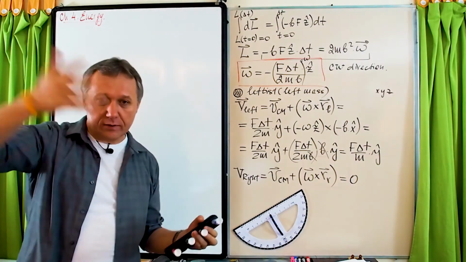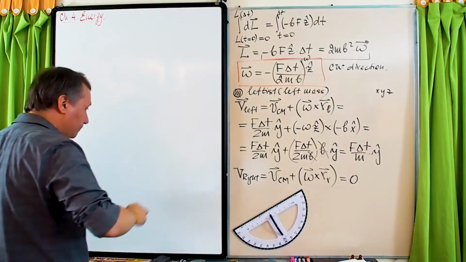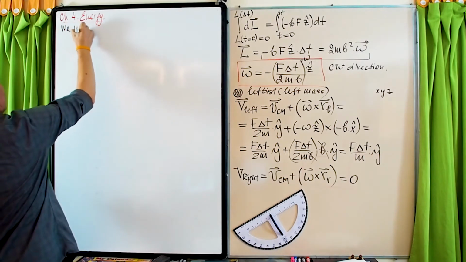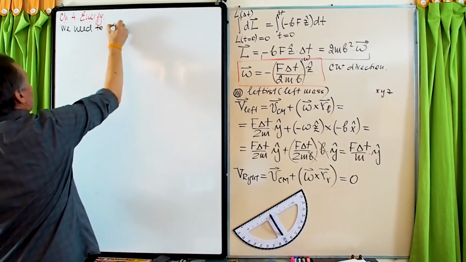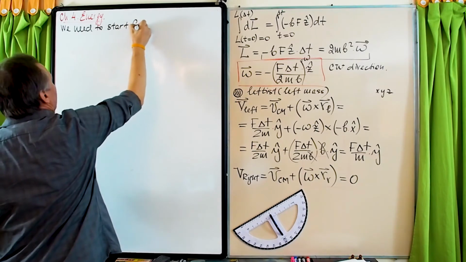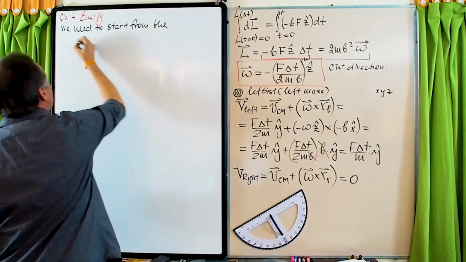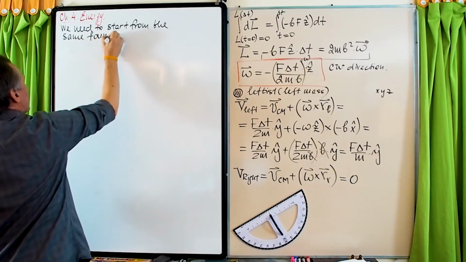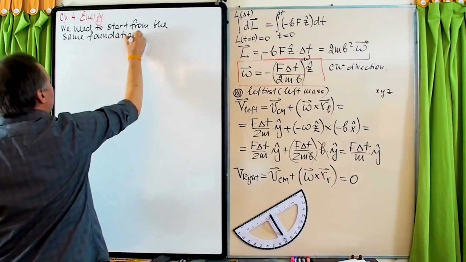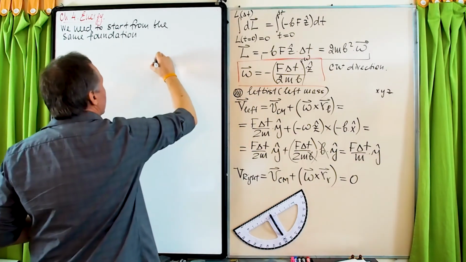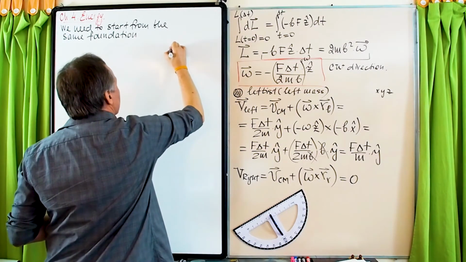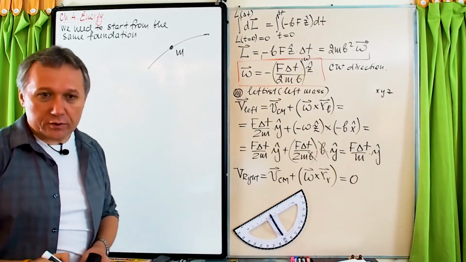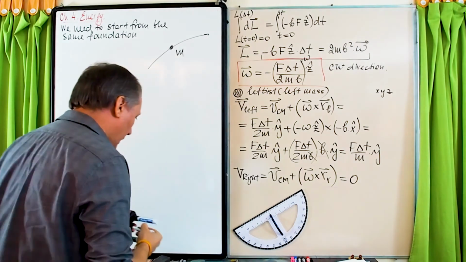Single particle travels along some trajectory. All right, so let me write. So we need to start from the same foundation. It's very important. So we're not changing our foundation. Let's assume that we have some point mass, m, which travels along this trajectory, exposed to some force.